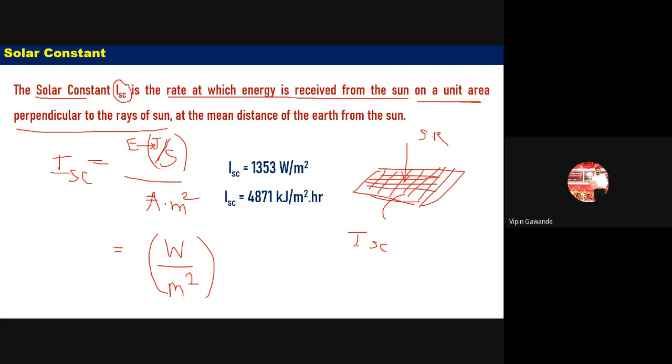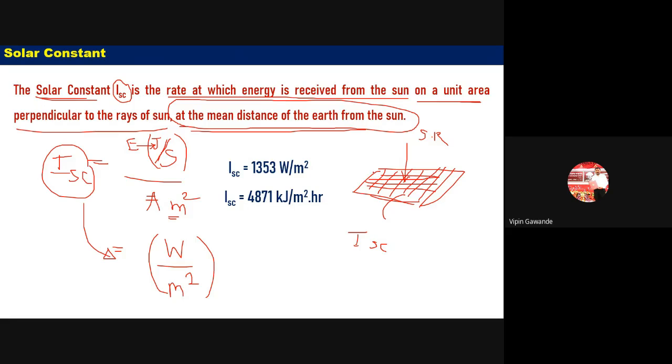The unit of area is meter square, so ISC is calculated in watt per meter square, at the mean distance of the Earth from the sun. This distance is constant. At this distance, the rate at which the energy is received from the sun on a unit area perpendicular to the rays of the sun is called the solar constant.